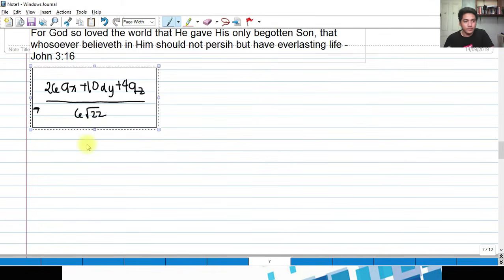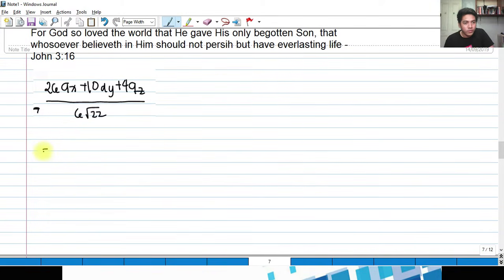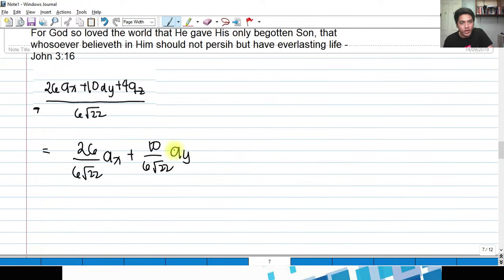So what happens is that when we divide by component, plus 10 over 6 square root of 22 a sub y plus 4 over 6 square root of 22 a sub z. You're going to evaluate it by your calculator.